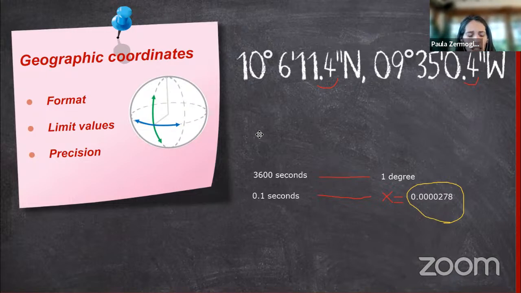And if you remember from our previous classes, the coordinate precision is one of the sources of uncertainty that we can have. And so when we calculate the net uncertainty of a georeference, this is going to affect that uncertainty. So it's important that you make sure that you have understood how to calculate and what the precision means.